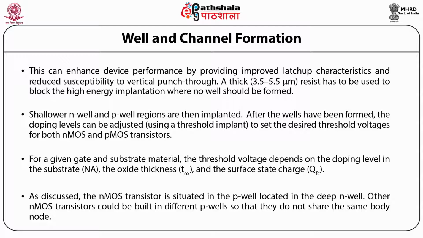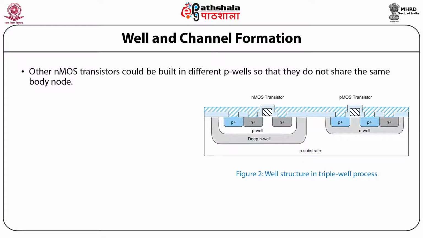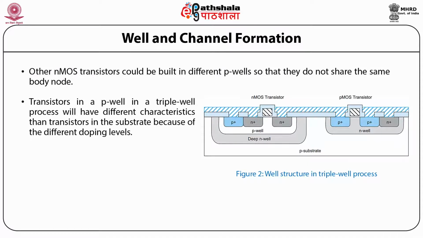As discussed, the NMOS transistor is situated in the p well located in the deep n well. Other NMOS transistors could be built in different p wells so that they do not share the same body node. Transistors in a p well in a triple well process will have different characteristics than transistors in the substrate because of the different doping level.